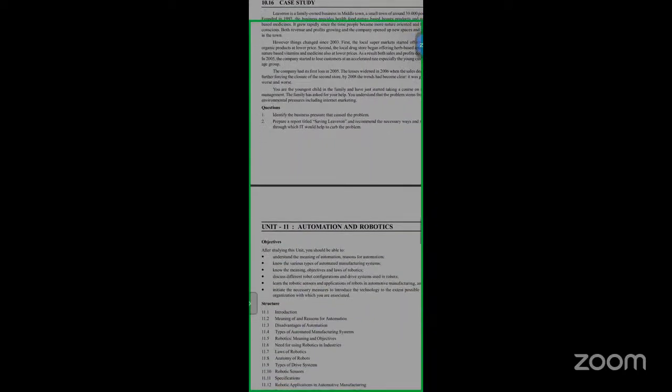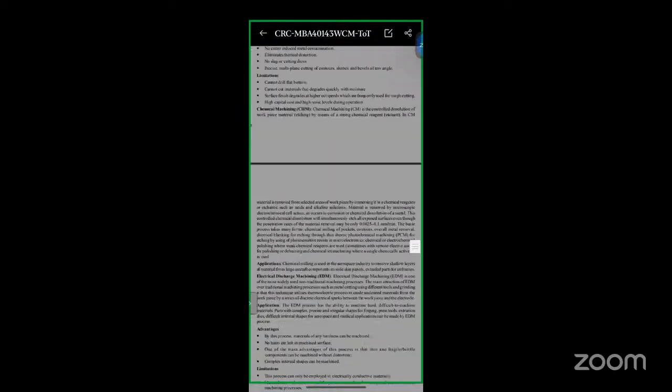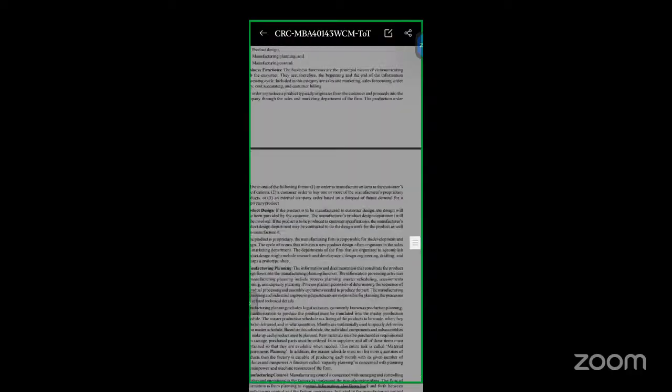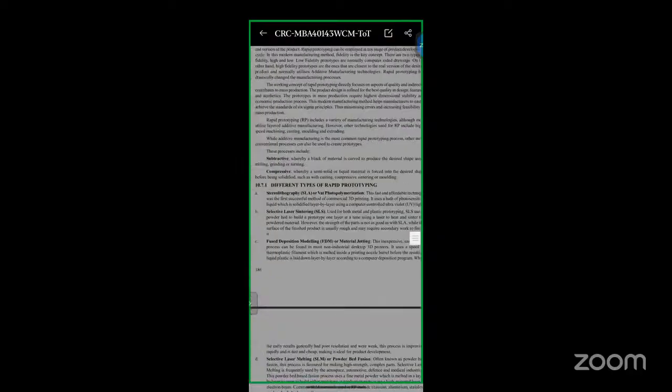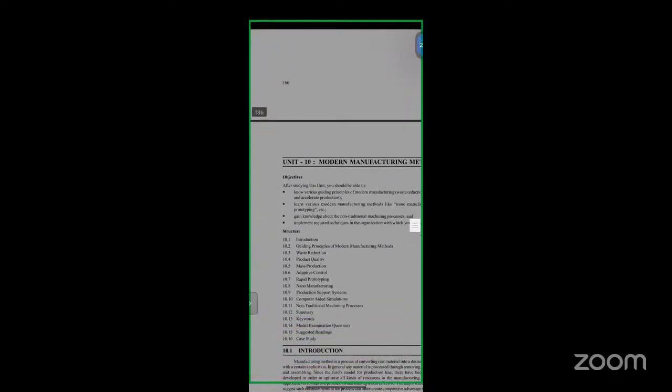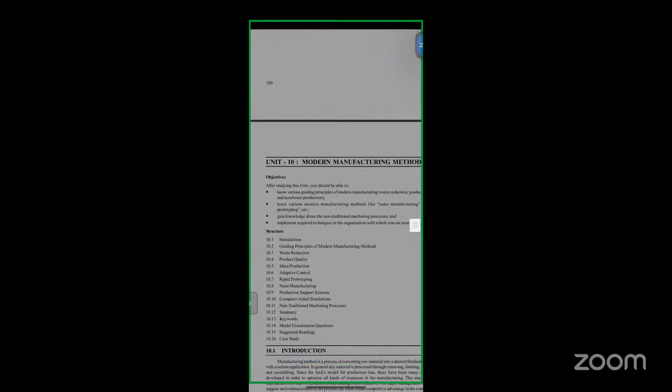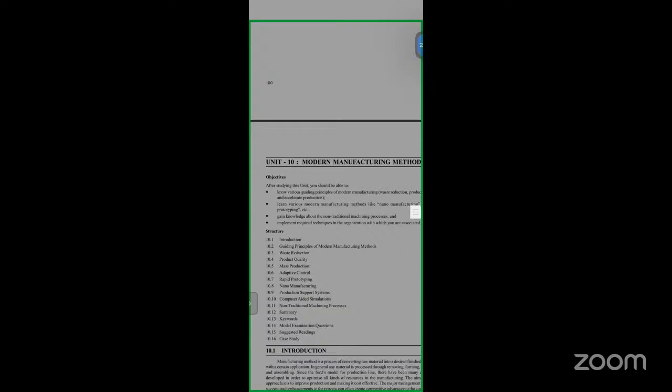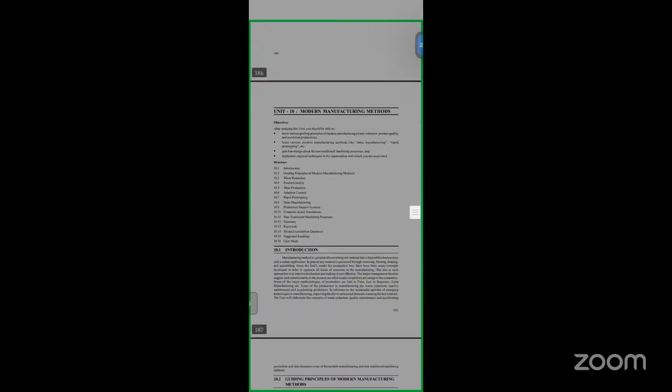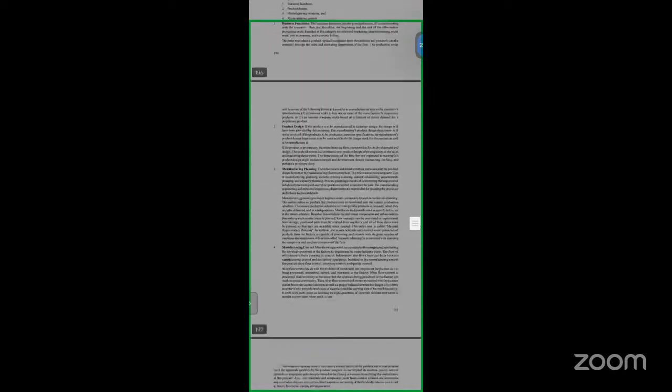So this is about the innovation and the methods or the models that are being used in manufacturing units or the manufacturing industry. Modern machining methods: what are the different modern machining methods that are being used and followed in the manufacturing industries.